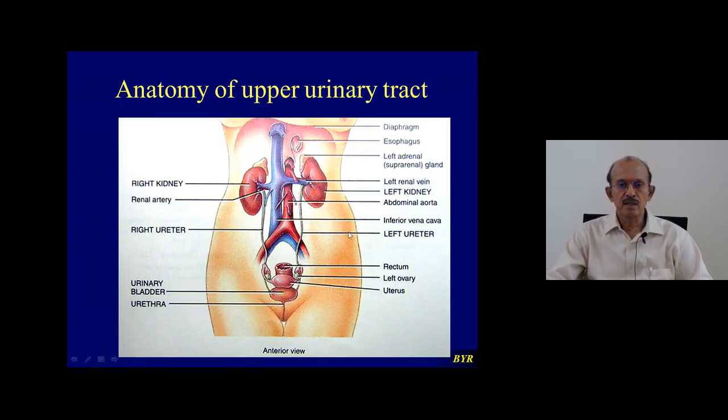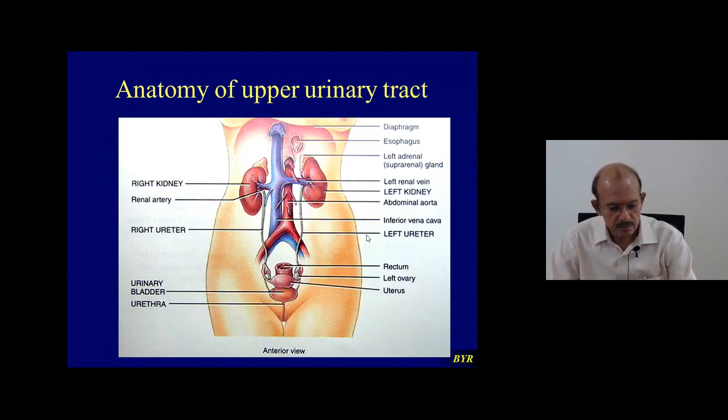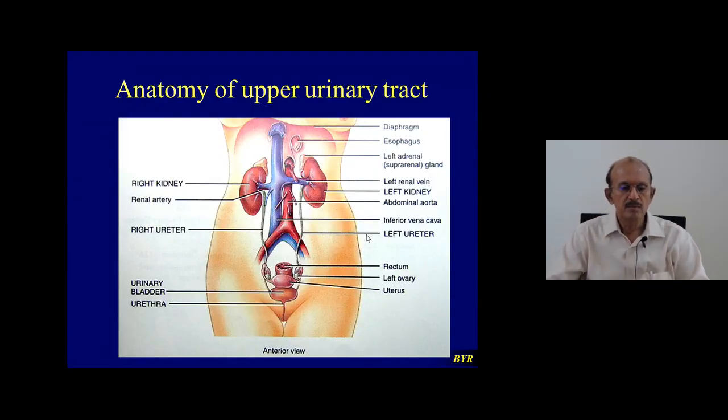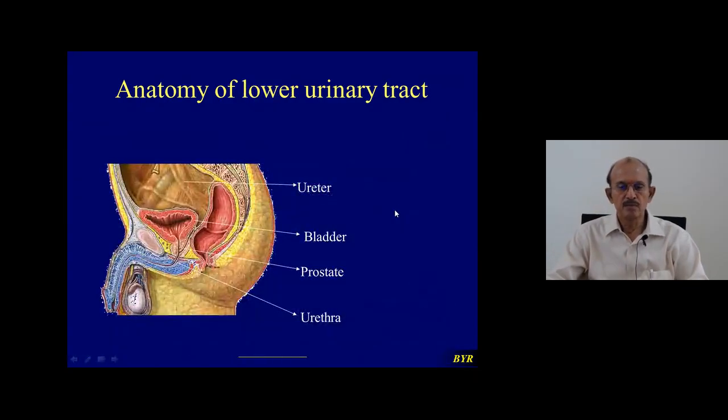Both of these are situated in the retroperitoneal region. The lower urinary tract is composed of the bladder, the prostate, and urethra. In females, it is bladder and urethra only.